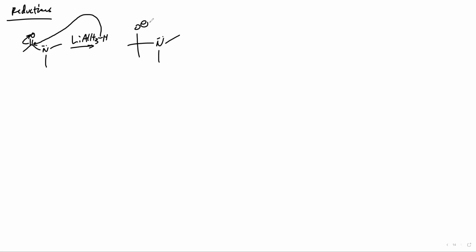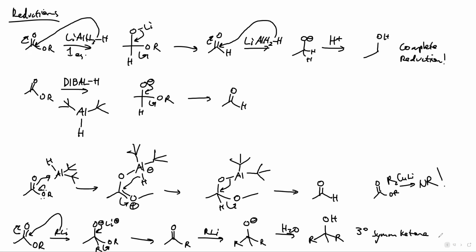So what we get is this here. Okay. Now, here's where things are a little bit interesting, because remember in the past when we would get to this intermediate, so like let's go back to the ester, right? When we get to the past, we get to OLI. O minus would always kick off OR, right? Oxygen was always kicking off oxygen, right?